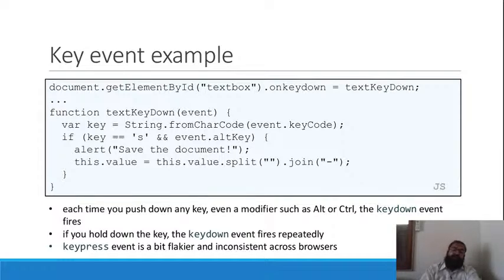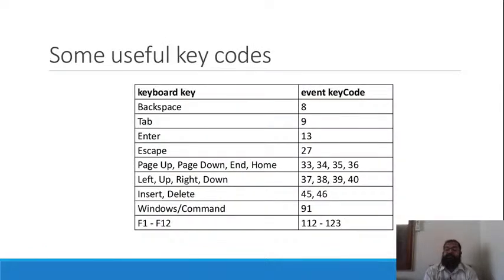For example, we had HTML 1.1, HTML2, and now HTML5 and so on. These are all different standards, so because of this difference, the key press event could be inconsistent across browsers.